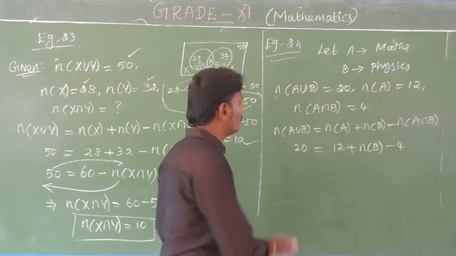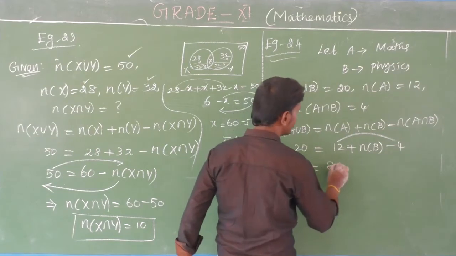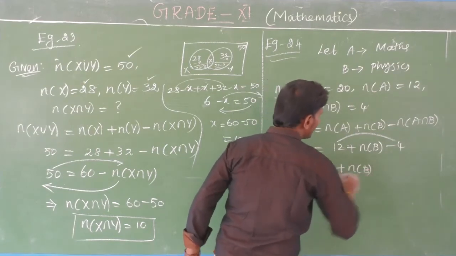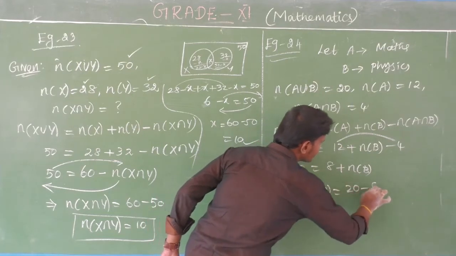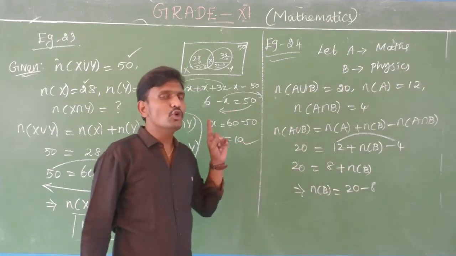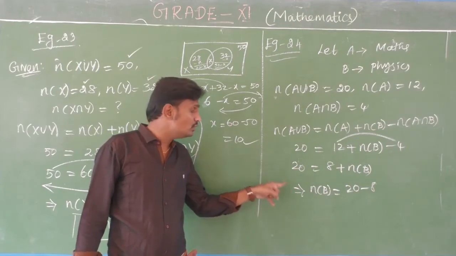Now simplify. How to simplify? 20 is equal to 20 minus 4, how much? 8 plus n of B. Now I need n of B, which is equal to 20 minus 8. Most of the students don't know the symbol name and where you are using this symbol.